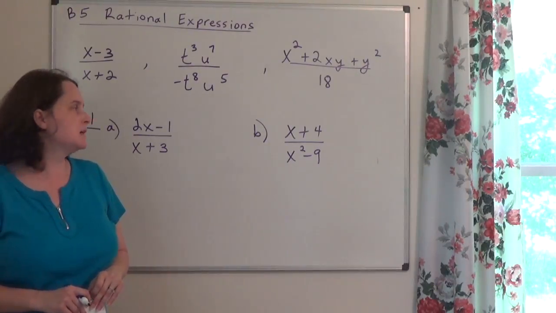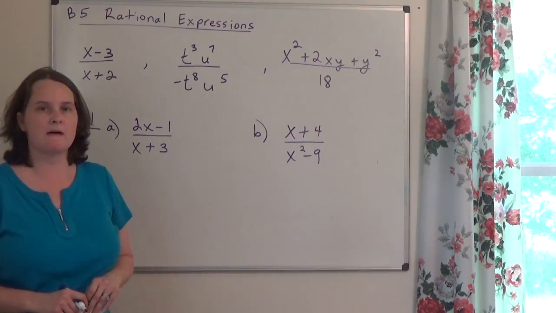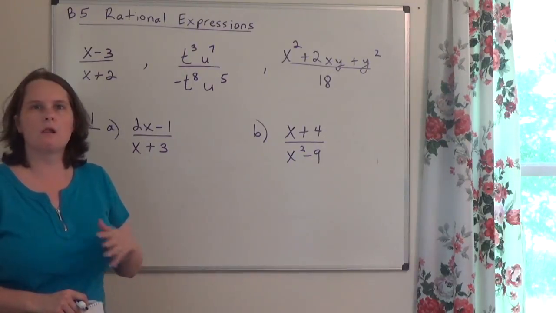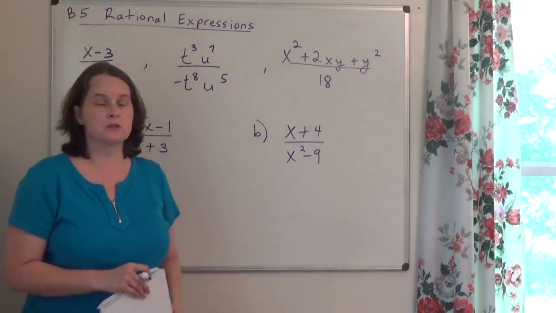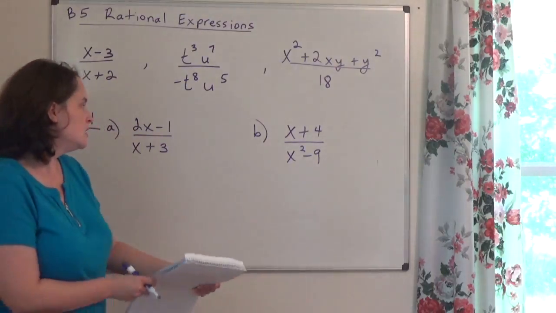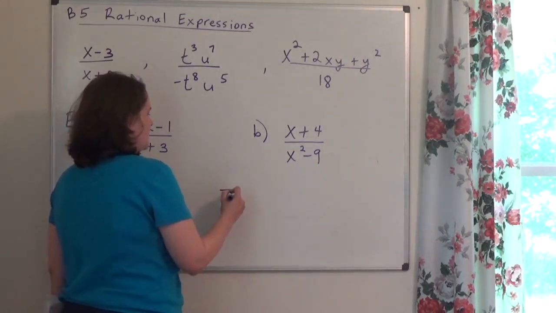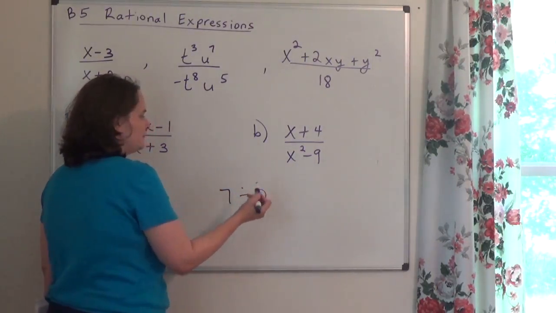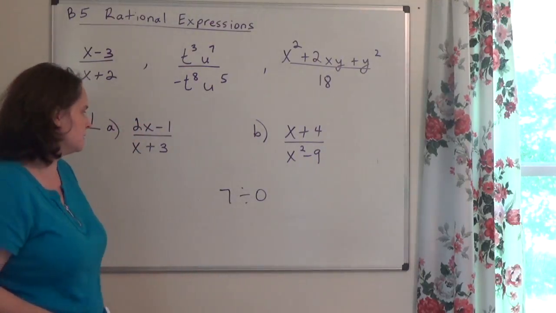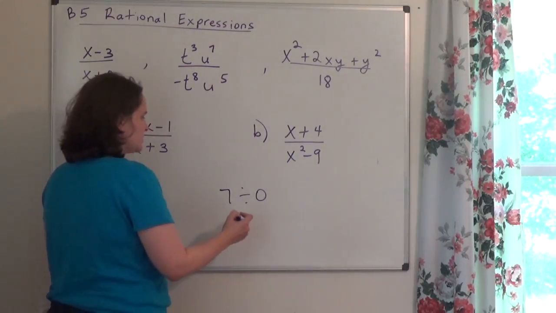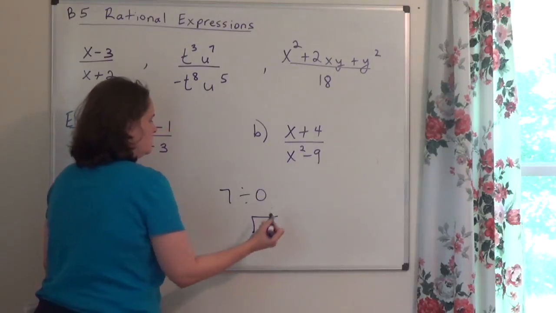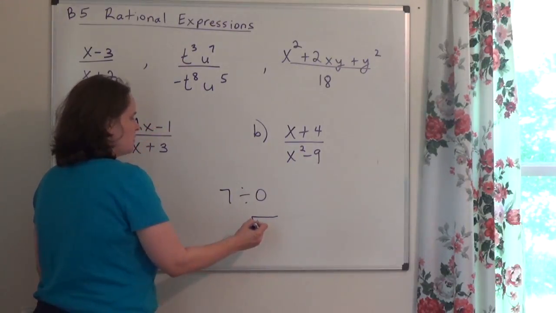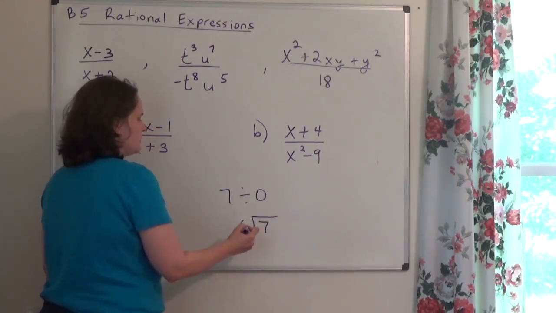Let's just talk about that for a moment. Going all the way back to when you first learned division, a long time ago, if you were asked to do something like 7 divided by 0, let's see what would happen if we tried to do that. If you were to set up a division problem, you would do 7 divided by 0.